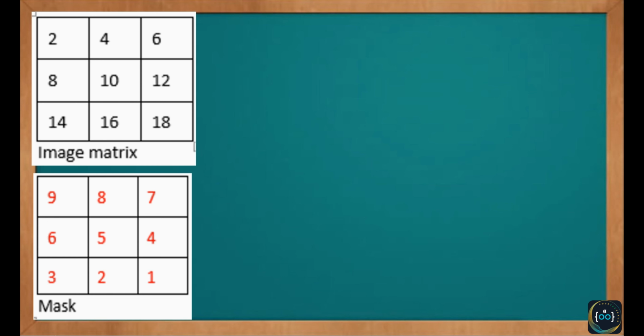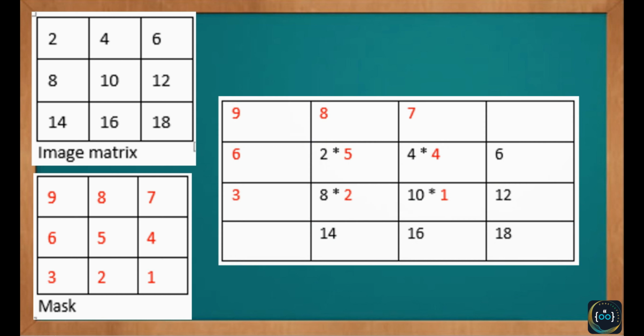We are going to loop through all the pixels of the image. While sliding it, we are going to keep the center of the mask on every pixel. So assuming we want to slide it on 2, we are going to keep 5 on it. Let me show you how they are going to be.